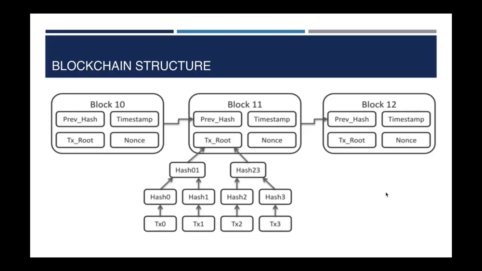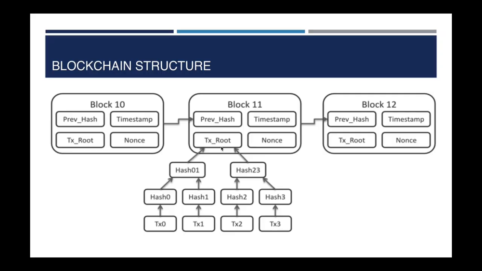Every block contains different fields: previous hash, timestamp, transaction root, nonce. These are the different fields that are present in a block. One interesting field is the transaction root, which is also called the Merkle hash root. Now let us see what the Merkle root is.